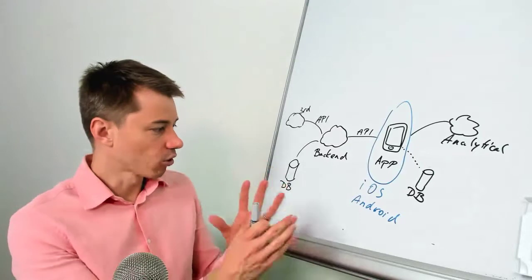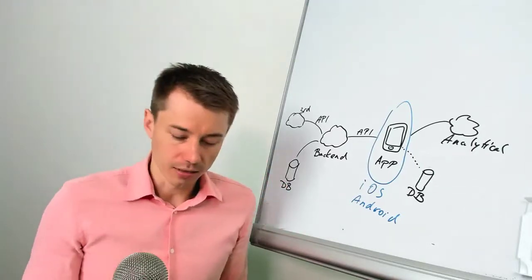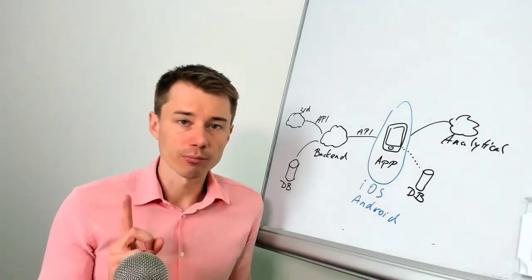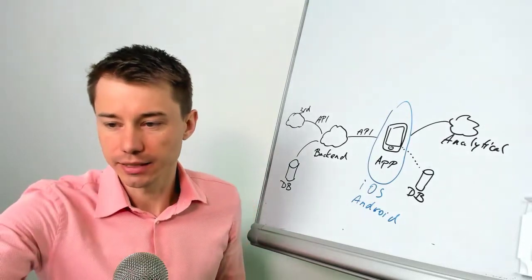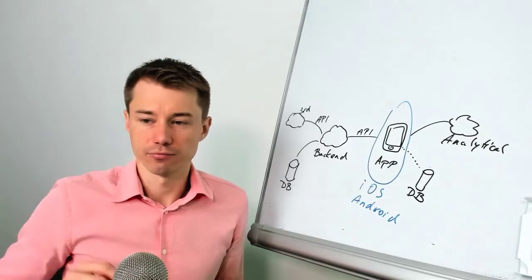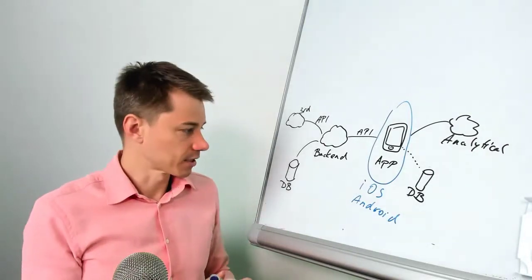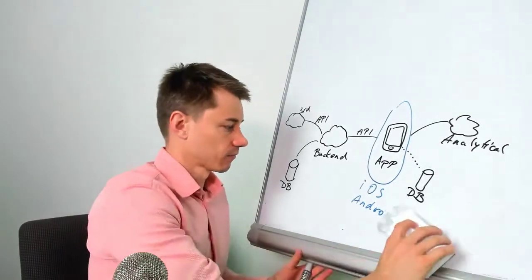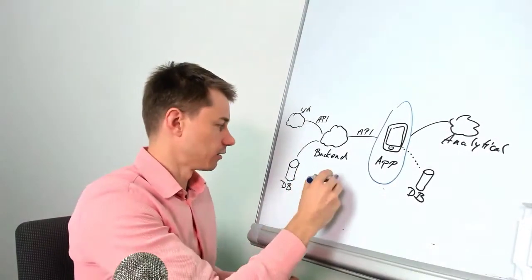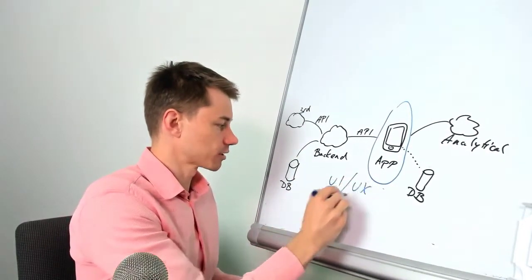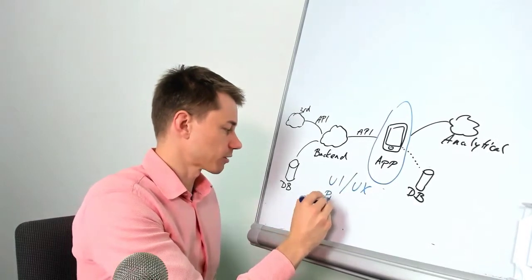Okay, so in a smaller team, this could be literally just one person. In a smaller team, one person can take care of like everything, starting with user interface design. I'll write it here: UI/UX. Even project management.